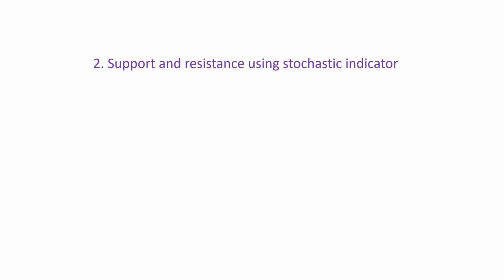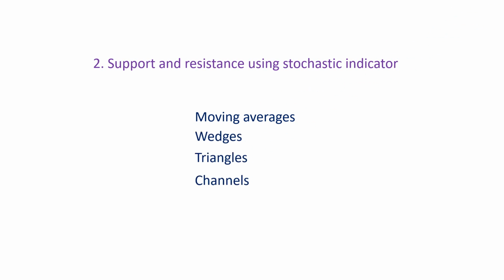The second strategy used in Forex day trading is support and resistance using a stochastic indicator. Horizontal and dynamic support and resistance can be seen in the form of moving averages, wedges, triangles, channels, Fibonacci levels, and so on, acting as barrier levels which the price has difficulty breaking.